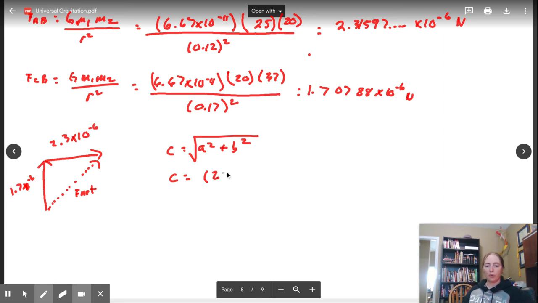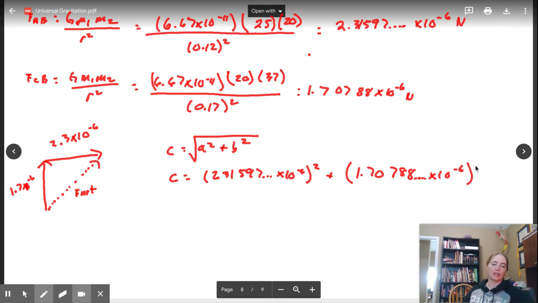So you're going to take all the numbers in your calculator. So our 2.31597... times 10 to the -6. Square that. Plus 1.70788..., all the numbers in your calculator. Square that. Square root that.